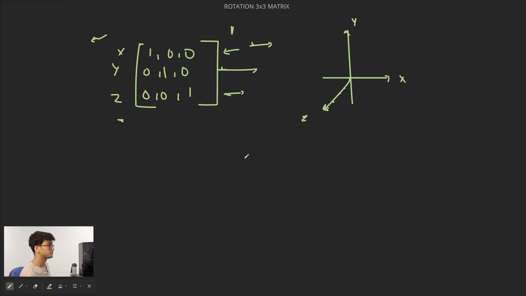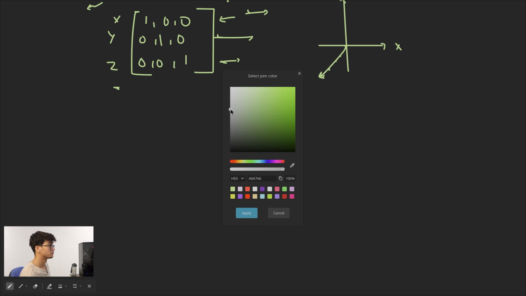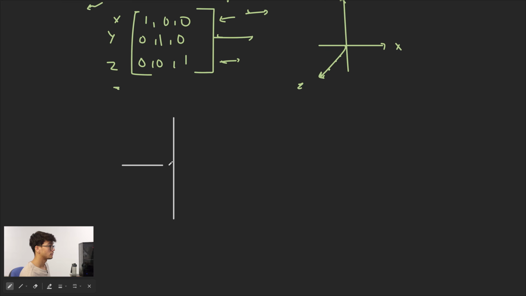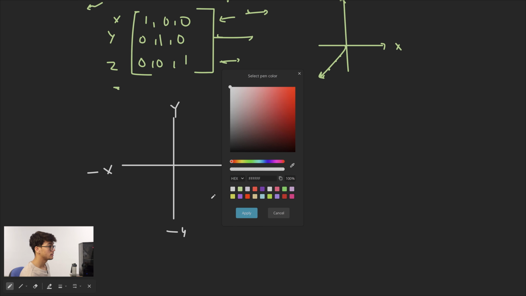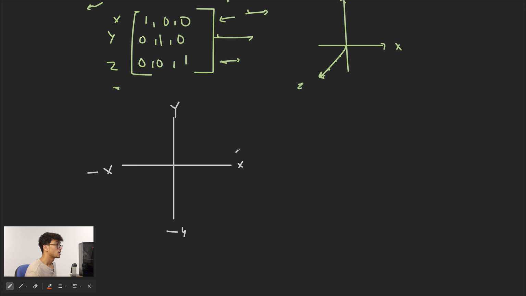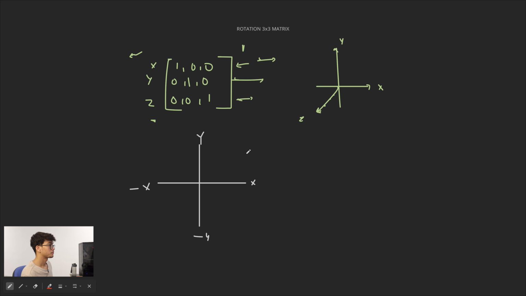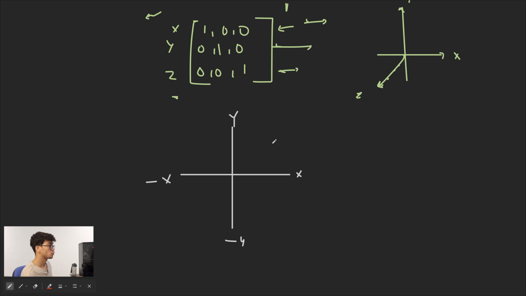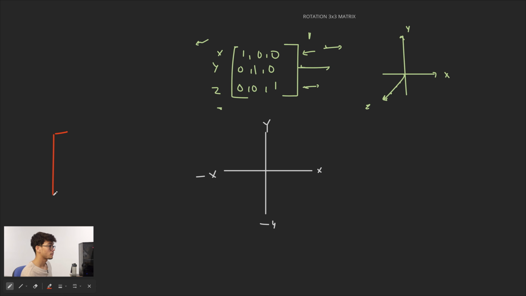So I have this x, y, and this is minus y, this is minus x, right? And let's say I have this geometry. This is our geometry matrix, and it says x, y, and z.